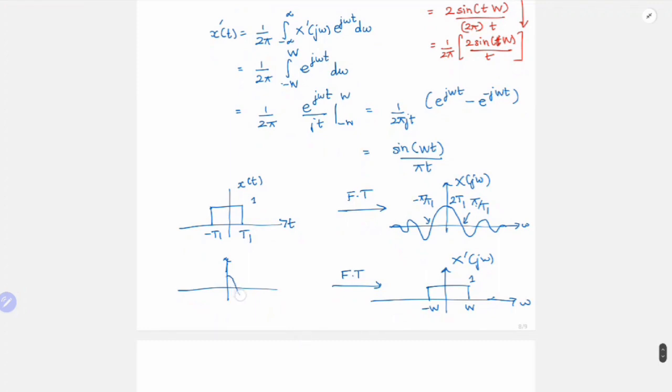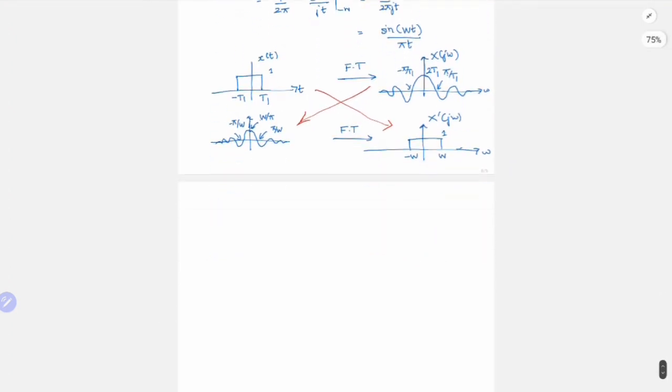So it is going to be decreased in amplitude. And this is going to be π by omega and minus π by omega. So you can see how these two signals are related. There is only a difference in the amplitude of the signal.